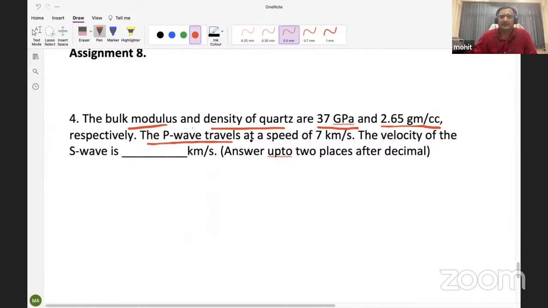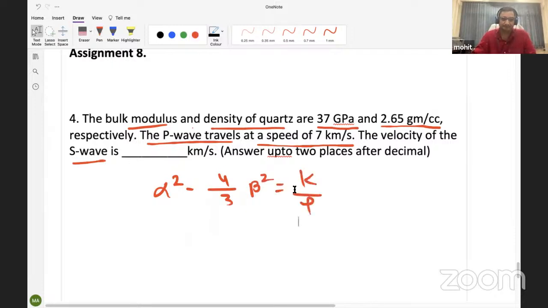The P wave travels at a speed of 7 kilometers per second. The velocity of S wave we are required to find out in kilometer per second up to 2 places after decimal. So this is a very simple question, since we know the relationship, that is alpha square minus 4 by 3 beta square is equal to k by rho.